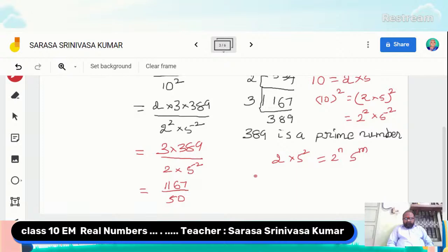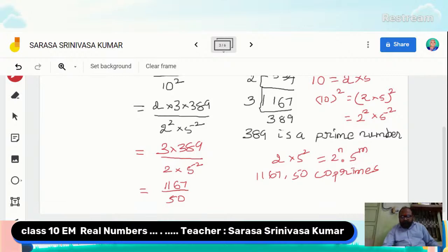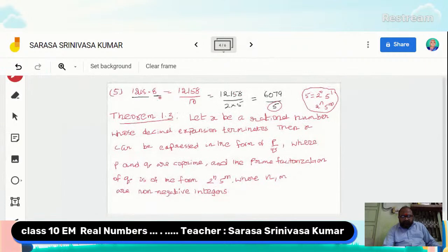And 1167 and 50 are co-primes. These two are co-primes. And next problem is 1215.8.